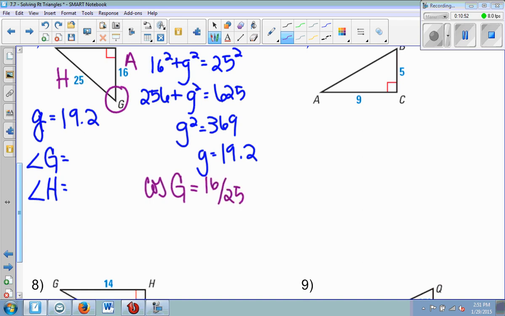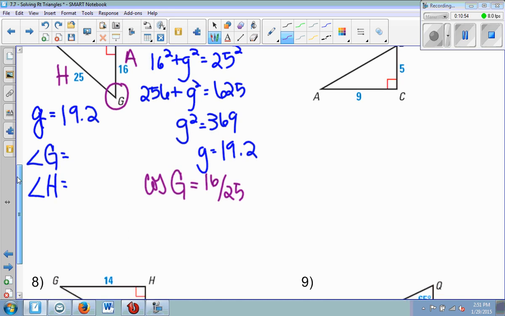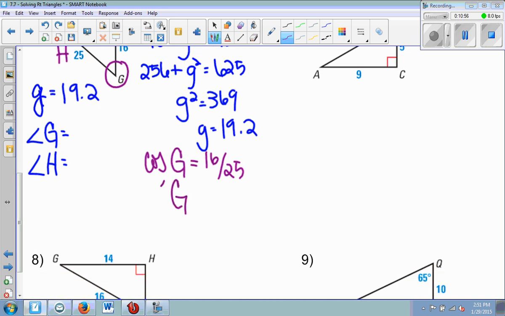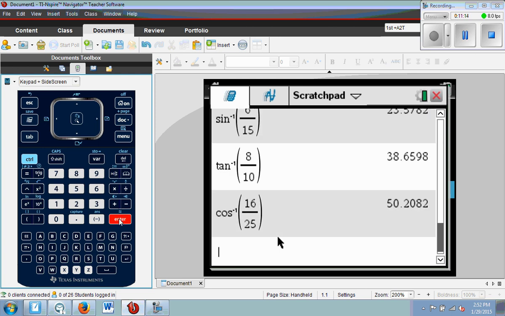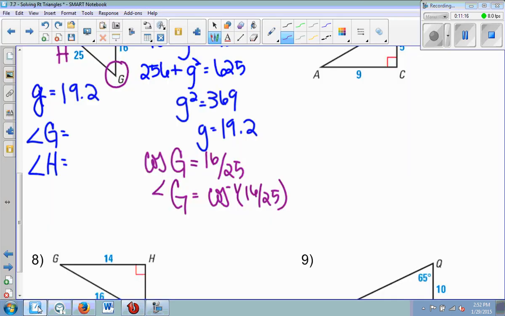If I want to find angle G, I'm going to use my cosine inverse. So angle G is cosine inverse of 16 over 25. That becomes a calculator problem again. Calculator tells me 50.2 degrees. So we'll list that up here.